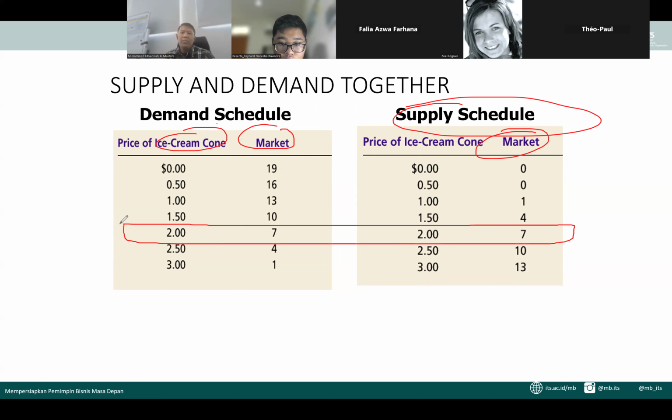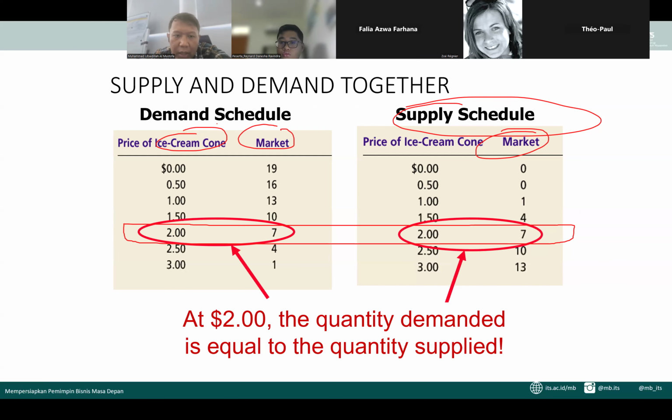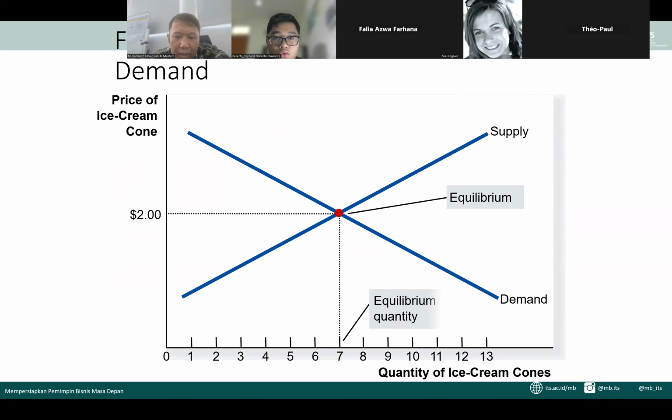So this is the equilibrium price. This is the price where quantity demanded equals quantity supplied, at the same market price. If we draw the two lines, we will see this kind of model.